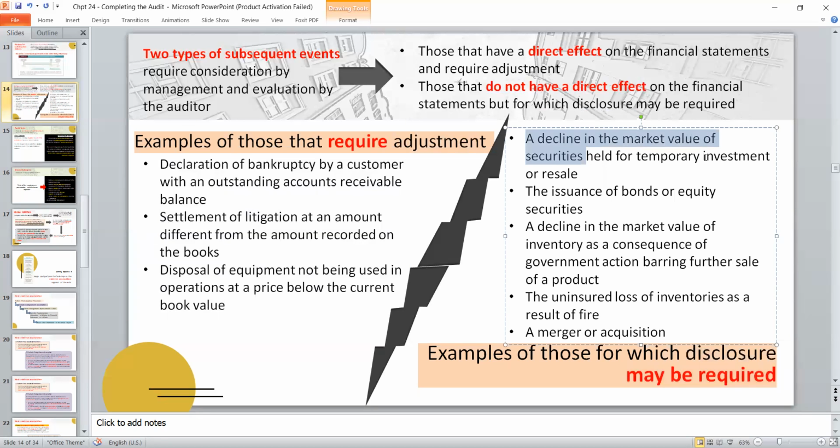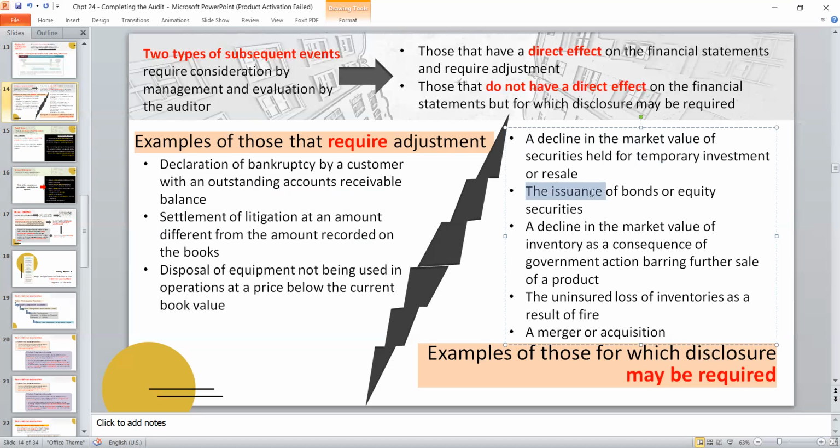No adjustment, but you need to give a disclosure, because it will affect the investment amount of this company, and it is related to the going concern issue. Wow, this company has a failed investment. You need to disclose this matter, because it will affect the stakeholders' decisions.